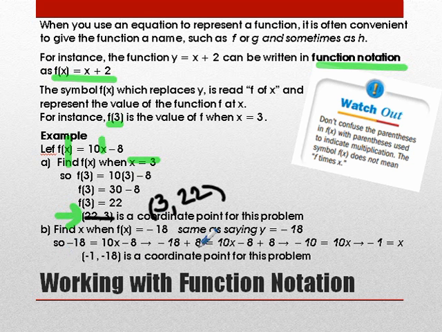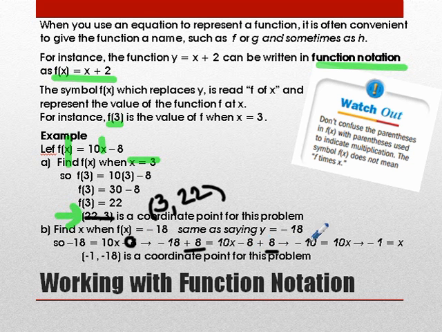Okay, so let's try this one. If f of x equals negative 18, that's the same as saying y equals negative 18. So I plug in negative 18 where I would normally have y, and it equals 10x minus 8. I need to get this negative 8 away, so I'm adding 8 to both sides.